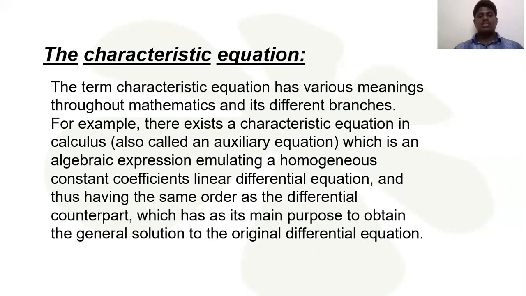The characteristic equation in calculus is also called an auxiliary equation, which is an algebraic expression emulating a homogeneous constant coefficients equation of the same order as the differential counterpart, used to find the general solution to the original differential equation.